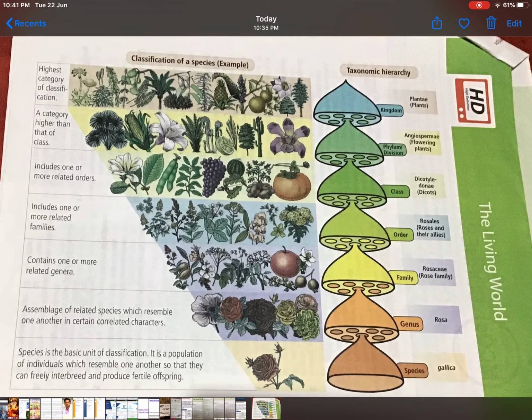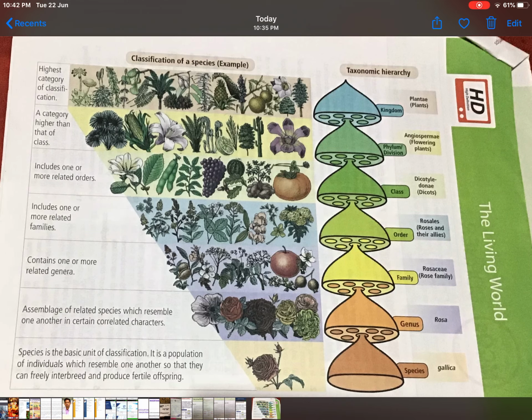The scientific name of rose is Rosa gallica. In this, Rosa is the genus and gallica is the species. Why are we putting gallica under species? Species is the basic unit of classification.